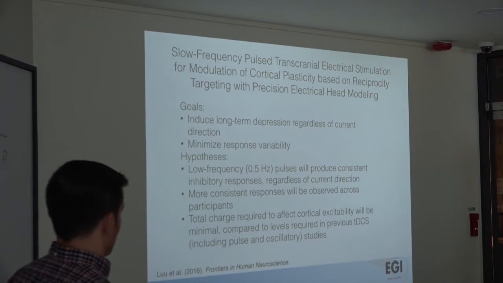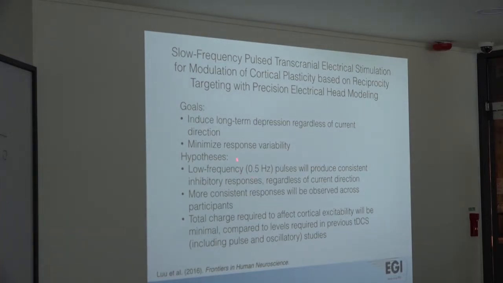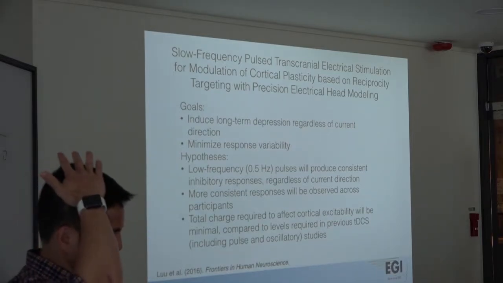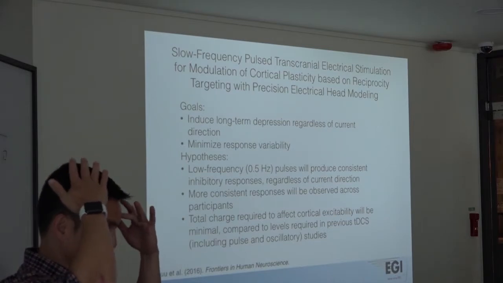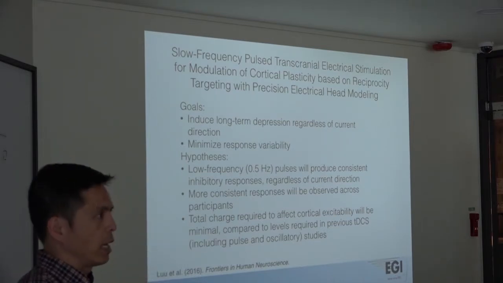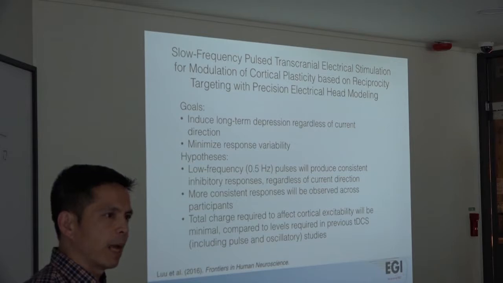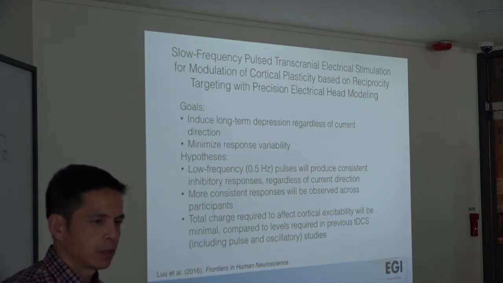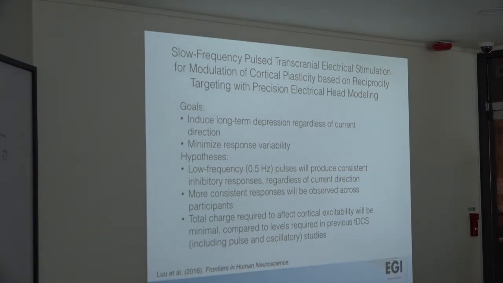Our goal was to induce long-term depression, regardless of current direction. We're saying it's not the positive or the negative that's important. Number one is the rate, because we know this from animal studies, and we also know it from TMS studies. So it's not the positive or negative that is important.